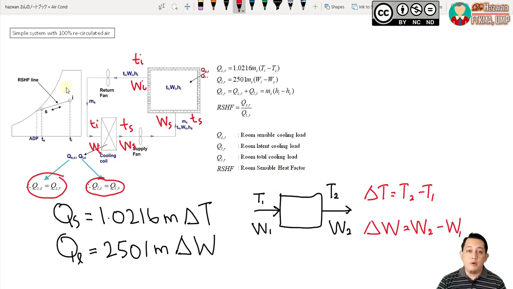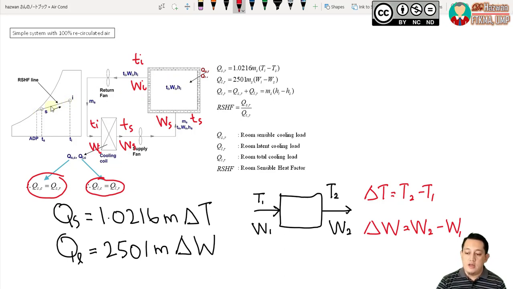If we plot this process on the psychrometric chart, it will look like this. I here is the air exiting the room, and S here is the air exiting the cooling coil. It means the air is cooled by the cooling coil, then enters the room and leaves the room.